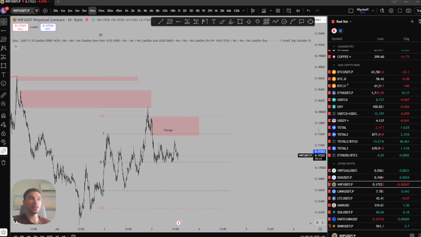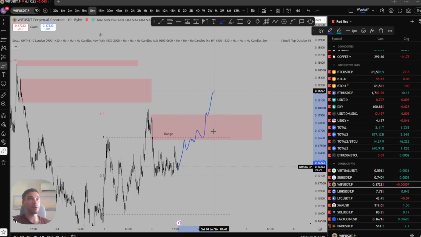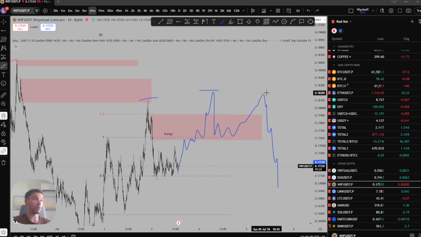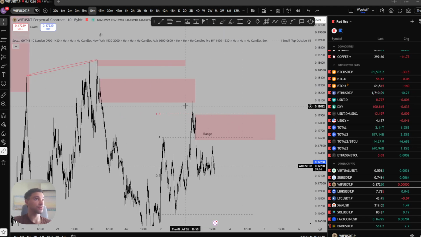Otherwise, if we don't get the confirmation, then my idea would be that we push up higher, and then we make this a new range, and then this will be like our 3 tap model: tap 1, tap 2, tap 3. So that's what I'm thinking with WIF if we don't get this confirmation here. But I will keep a close eye out for this confirmation.